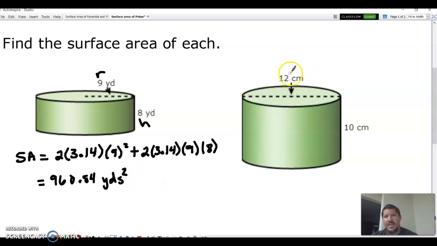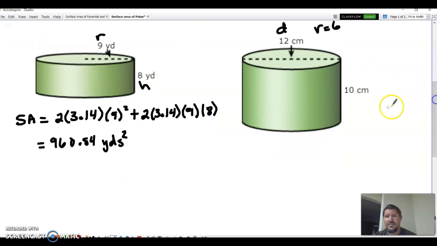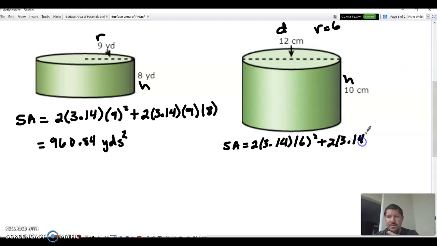Okay, now here, that's my diameter, which means my radius is 6. This is still my height. So now surface area is 2 times 3.14 times 6 squared plus 2 times 3.14 times 6 times 10.